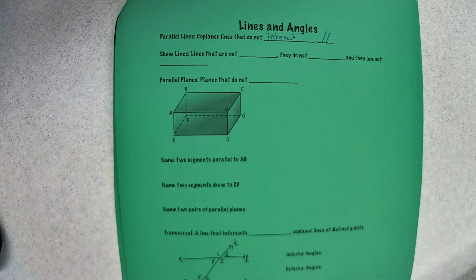Now, another type of line that we're going to look at is a skew line. Skew lines are lines that are not coplanar, so they're not in the same plane. And they do not intersect.